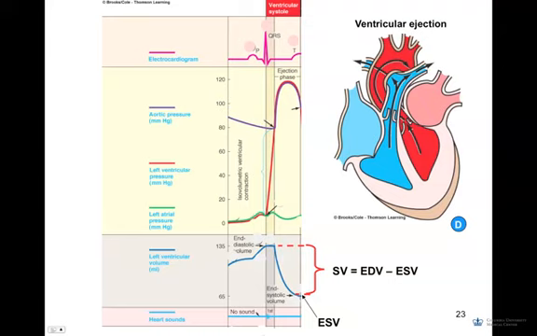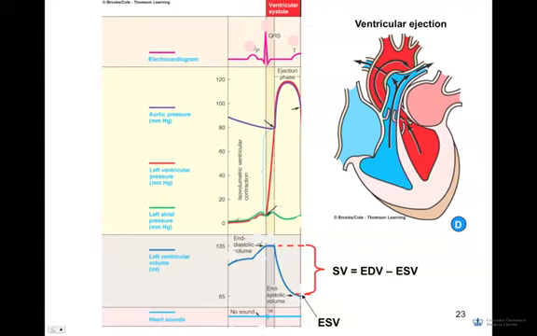And it's a very, very important parameter, because basically stroke volume is the volume of blood given to all of systemic circulation with each cardiac cycle. It enters the circulatory system and is used to perfuse all of our organs. It is equal to the end diastolic volume minus end systolic volume.